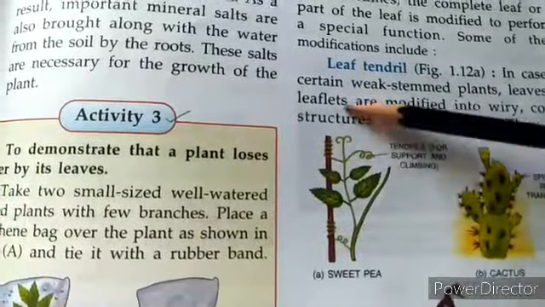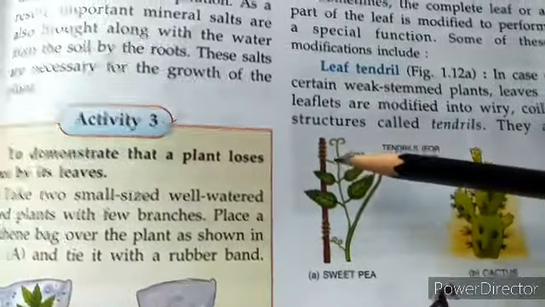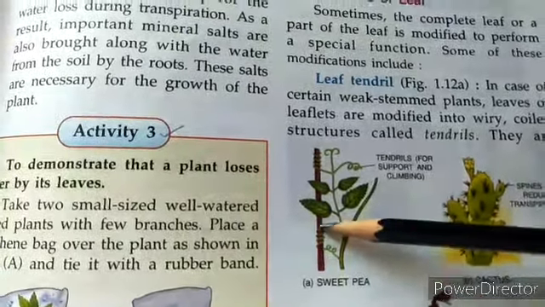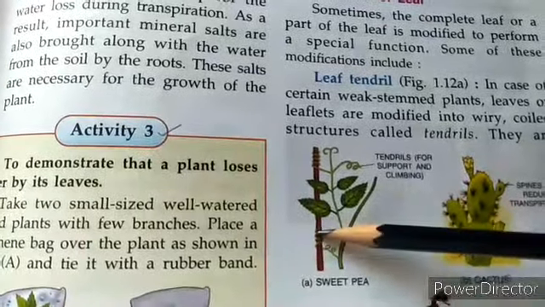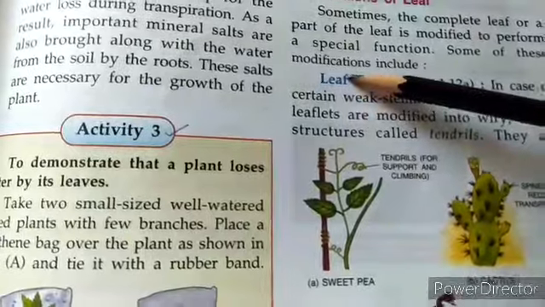It can be some other branch or some other structure which is near this plant, and for climbing it needs these tendrils to coil around and to hold on to that particular support so that the plant can grow in a particular direction.